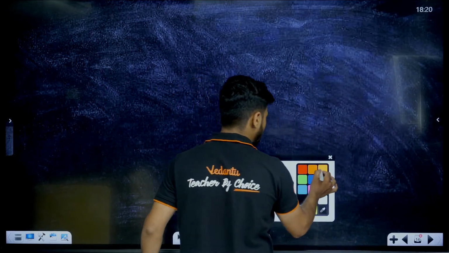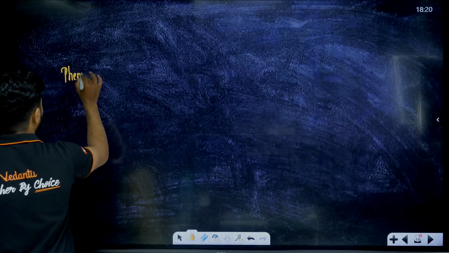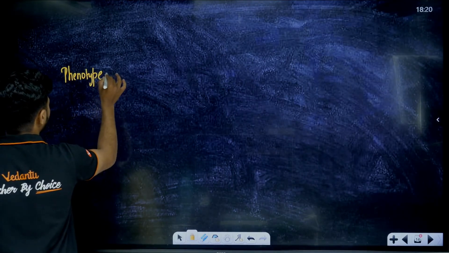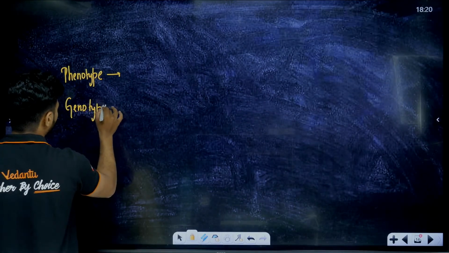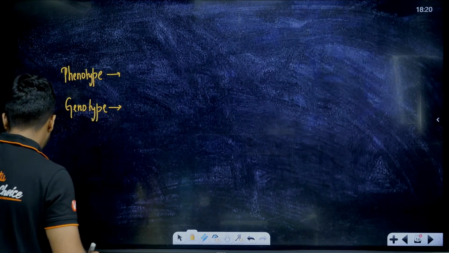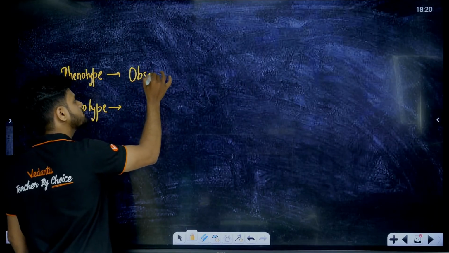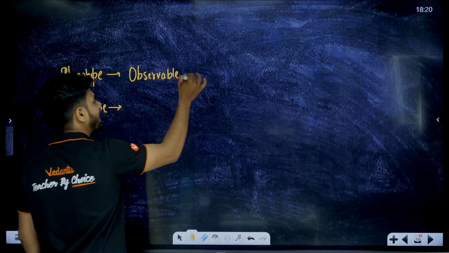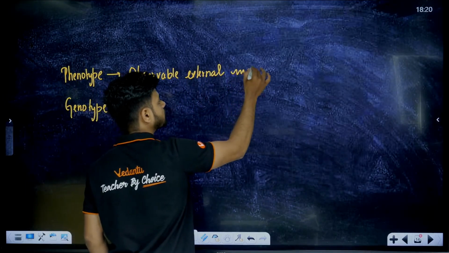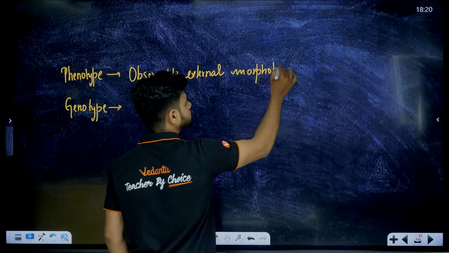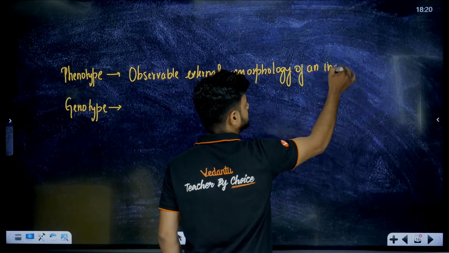The next concept which I want everyone to understand is, what is a phenotype and what is a genotype? So, phenotype is nothing but your observable external morphology of an individual.